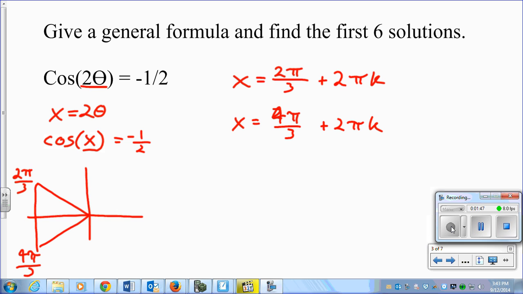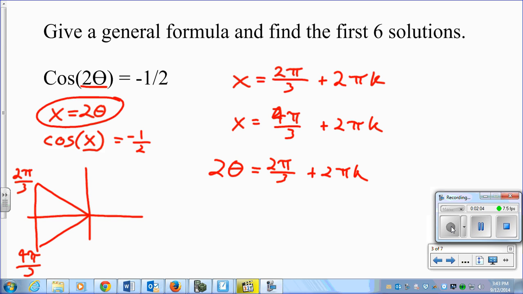I don't want the solutions for x, so now I'm going to do this resubstitution, and I'm going to say that 2 theta is equal to 2 pi over 3 plus 2 pi k.